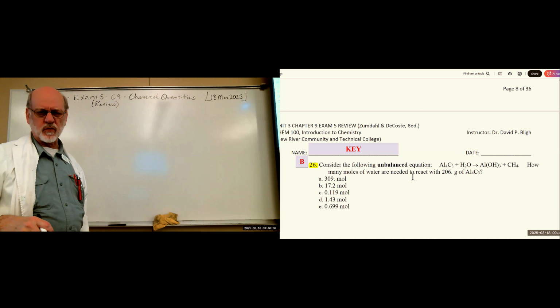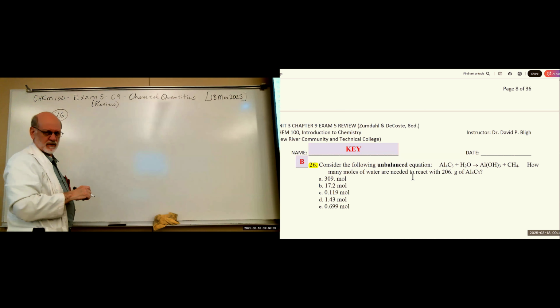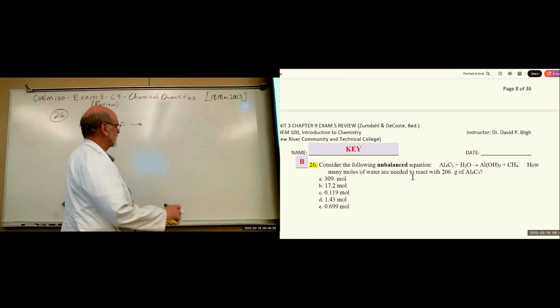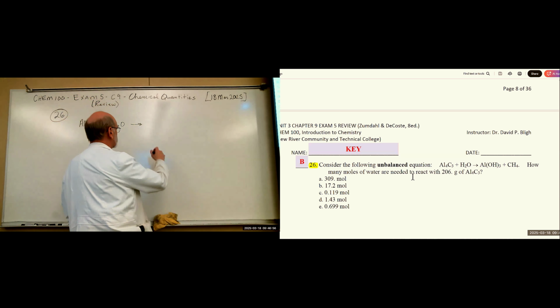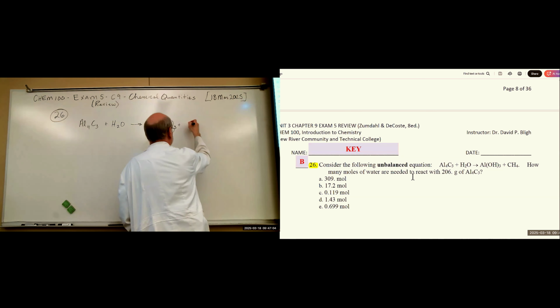Aluminum carbide plus water yields aluminum hydroxide plus what? Methane.